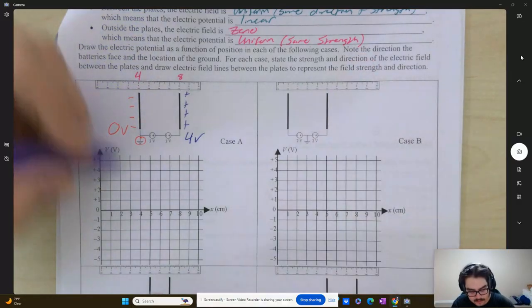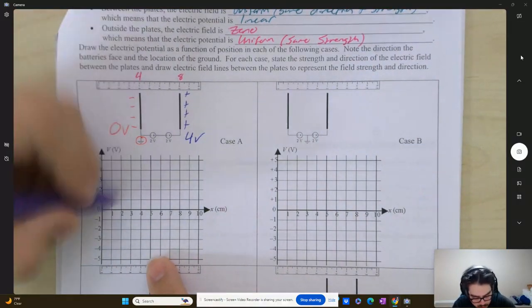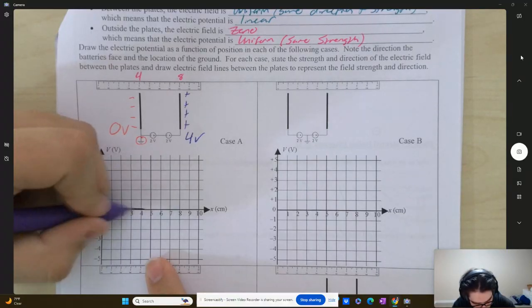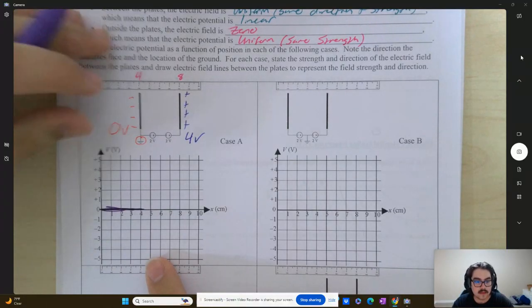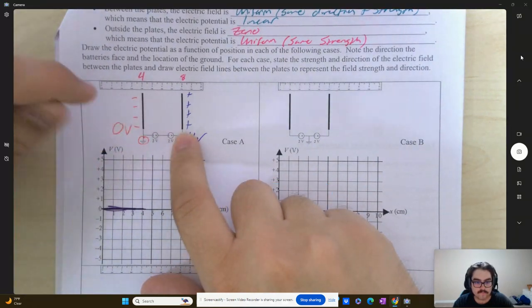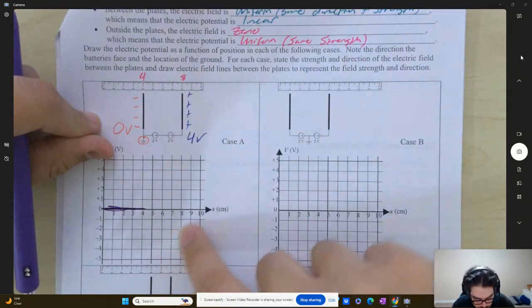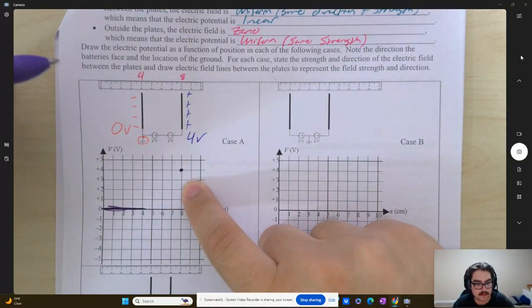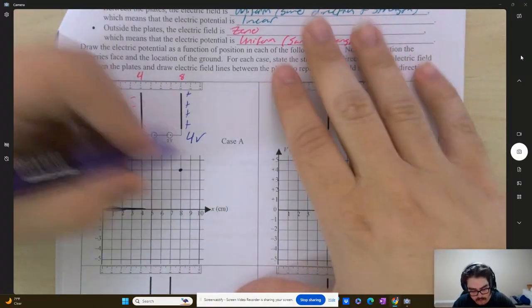So until we get to 4 centimeters, it should be 0. Then, when you get in between the plates, it increases linearly to 4 at a position of 8. So at 8, it's going to increase to 4, and we just draw a straight line here.